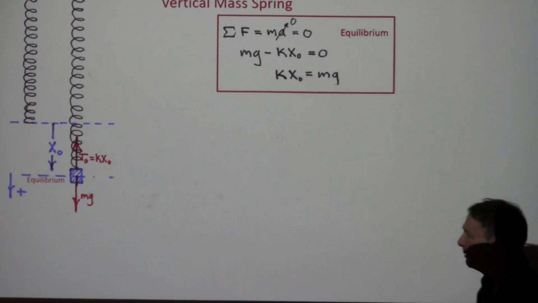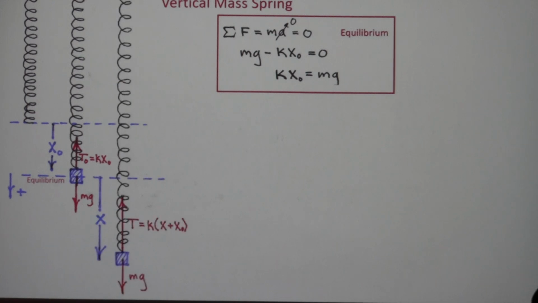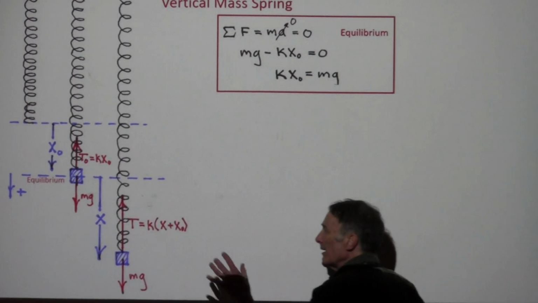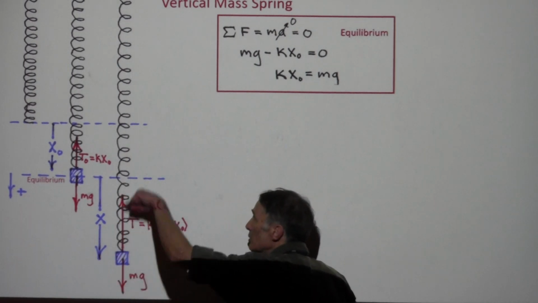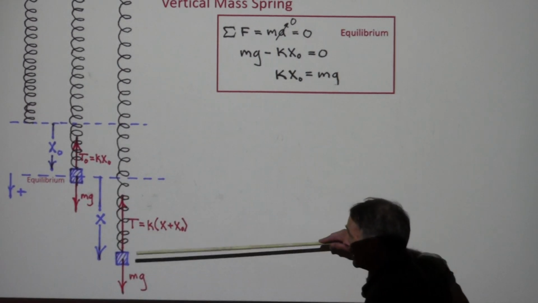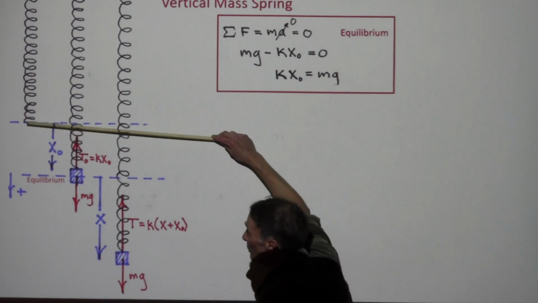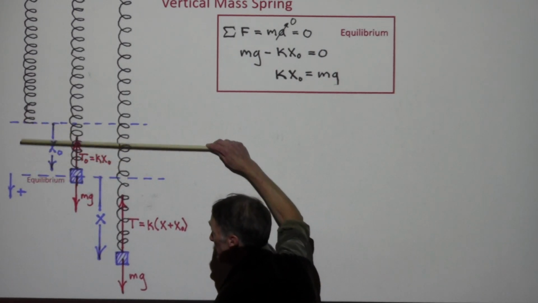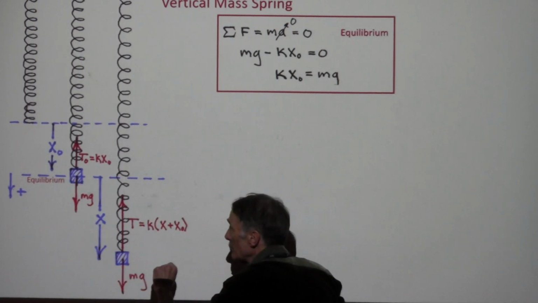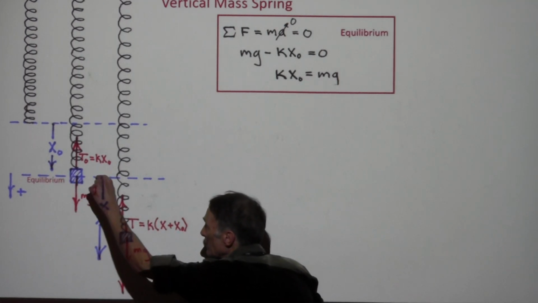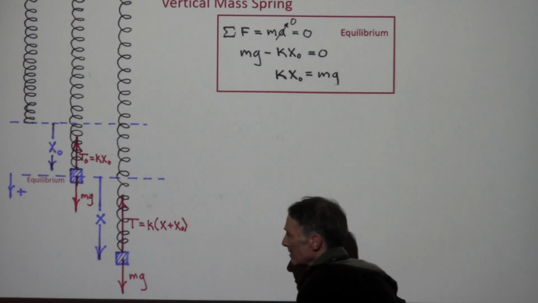But now we want to do something different. I want to set this thing into motion. So if it's balanced there and I pull it down and then release it, it's going to start to oscillate. But it's not going to oscillate around the old x0 position. I call this initial stretch of the spring x0. But it's also going to stretch from that a distance x.